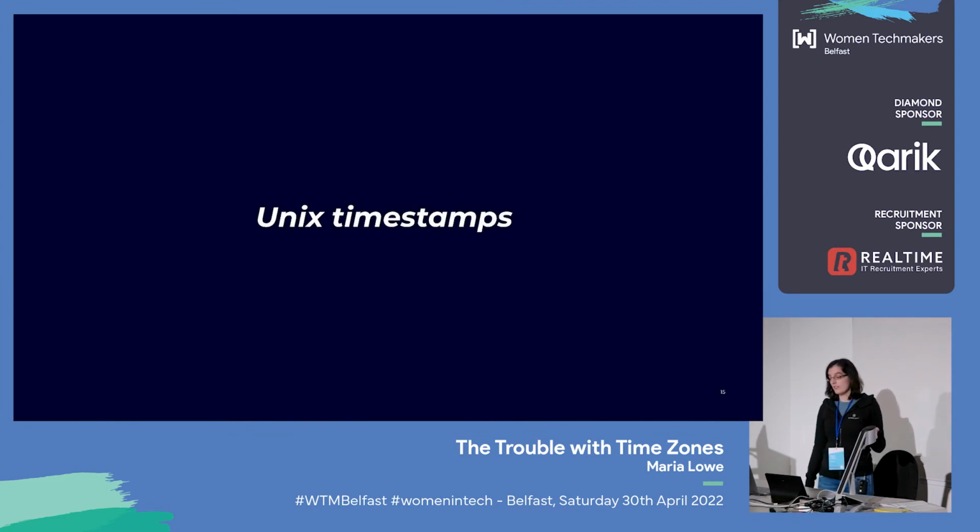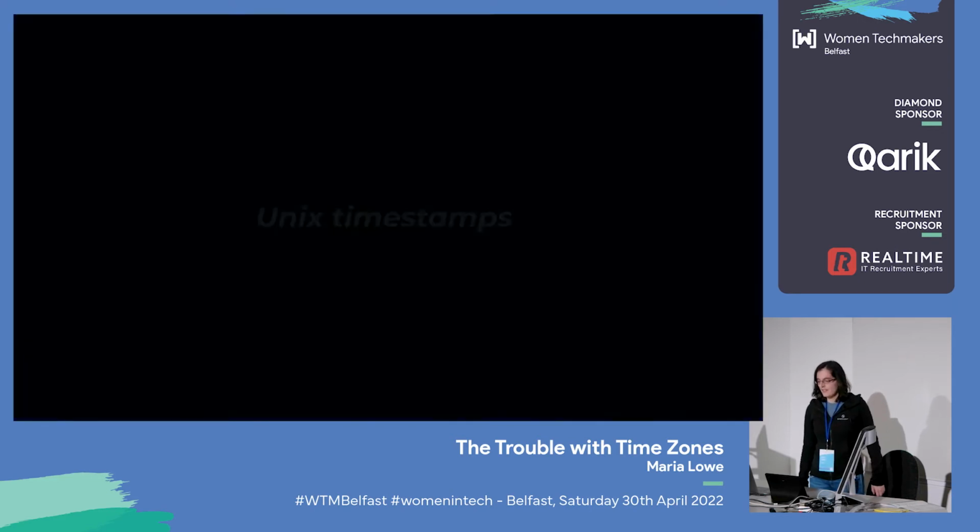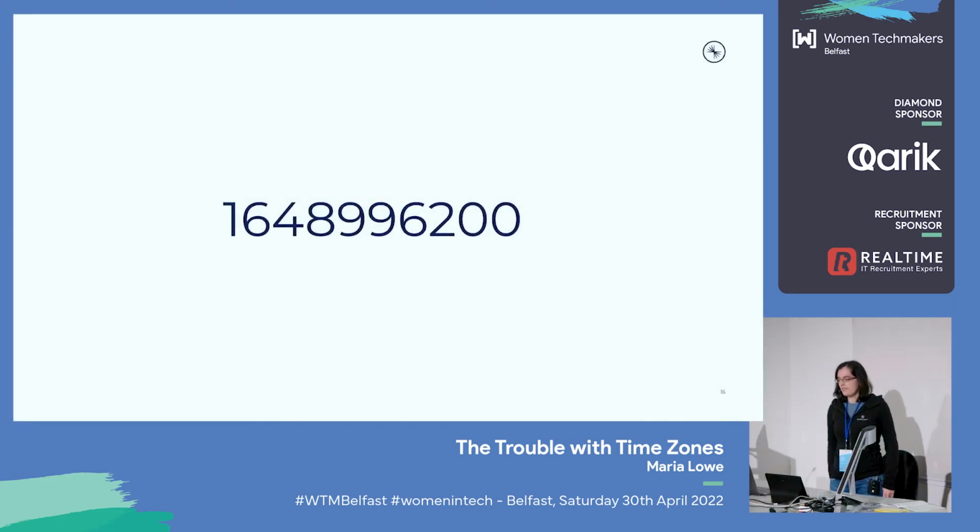So what are they, and why might you want to use them instead? Well, they are the number of seconds, or milliseconds, but we'll stick with seconds here, since the epoch, which is a defined reference point in time, defined as midnight on the 1st of January, 1970 UTC. So, for example, the date and time we've been looking at so far would look like this as a Unix timestamp.